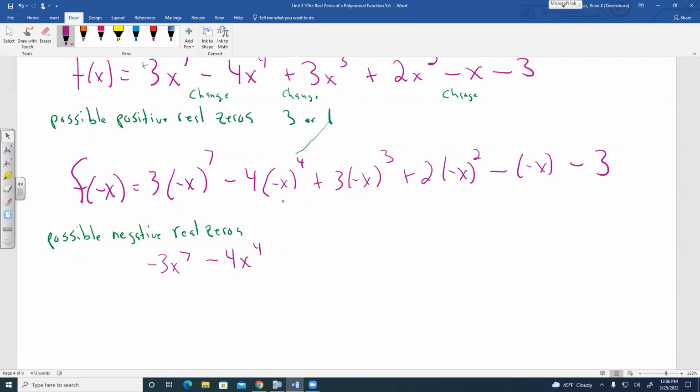Since that's a negative raised to an odd power, that means there's a sign change there to a negative 3x cubed. Negative raised to a power 2, there's no sign change there. That stays as a plus 2x squared. A negative and a negative make a positive x, and this minus 3 comes down. So now if we look at this, it's negative, it stays negative, it stays negative, it turns positive, there's a change. Okay, let me do that in a different color there.